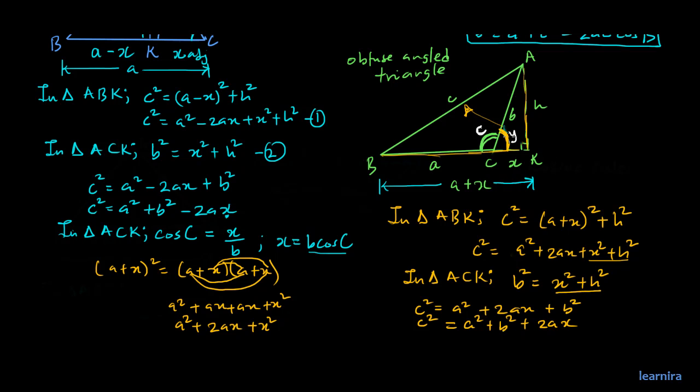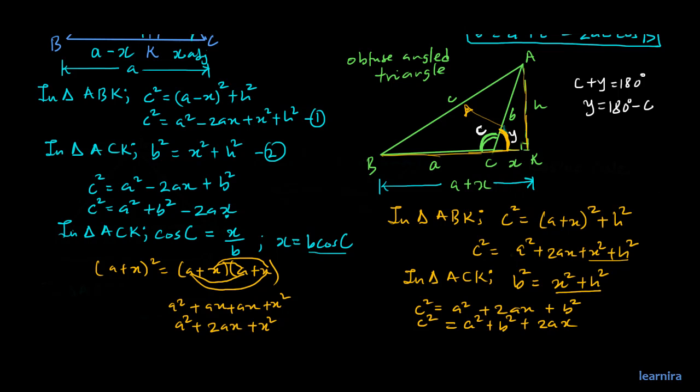We need this angle y there. So we'll say C plus y is equal to 180 degrees, because the sum of angles on a straight line is 180 degrees. So it means that the angle y is going to be 180 degrees minus C.